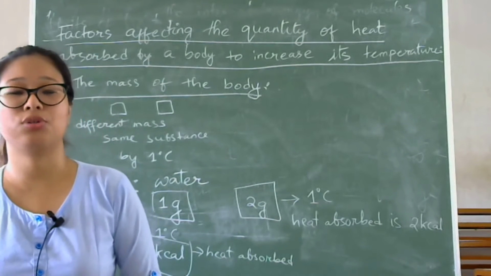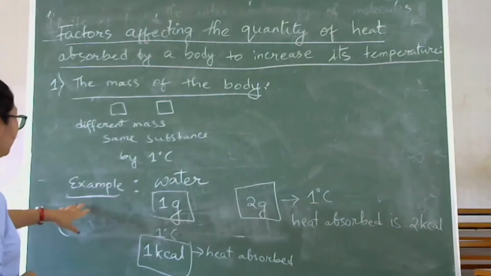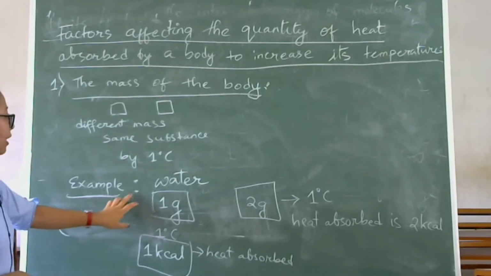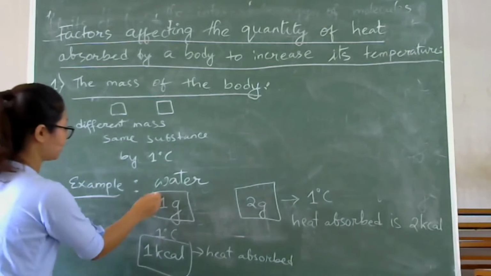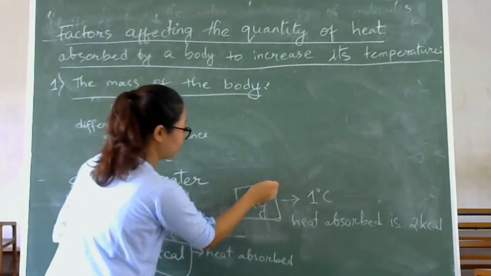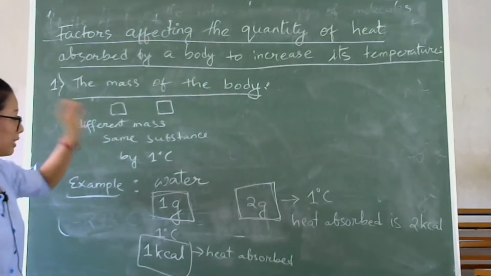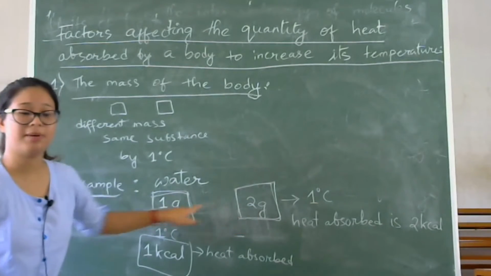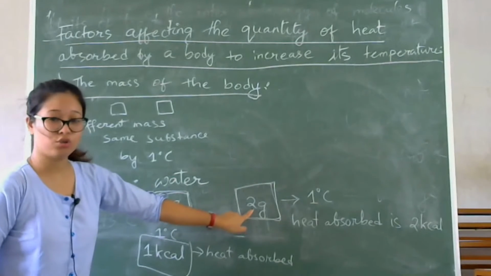To understand this, let me show you an example. Let us take a substance, water: 1 gram of water and 2 gram of water. They are made from the same substance and their masses are different. One is 1 gram and the other is 2 gram.